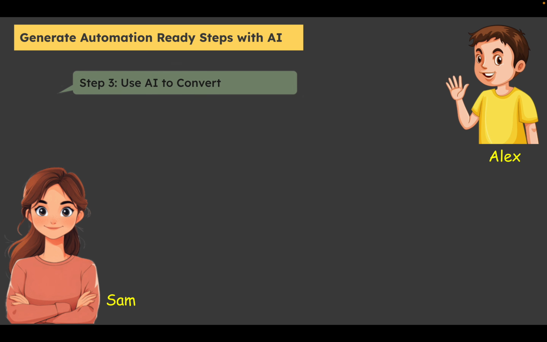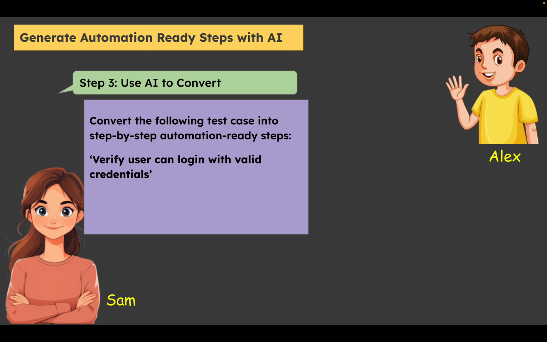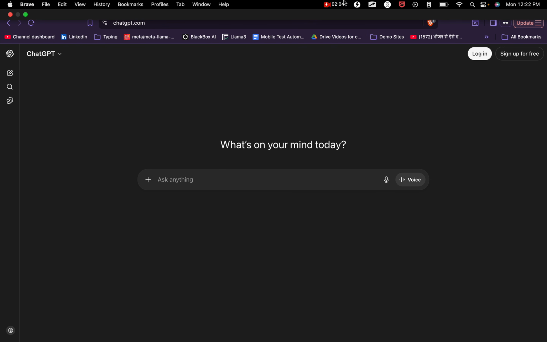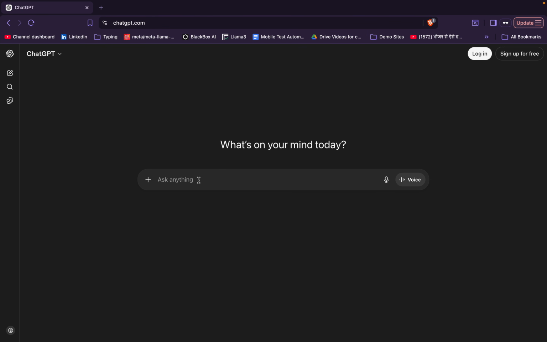Okay, so now the next step is let's use AI to convert into automation ready steps. We can write a very basic prompt: convert the following test case into step by step automation ready steps, and we will give our scenario. Let's go to any AI tool, you can go to ChatGPT or Gemini or anything.